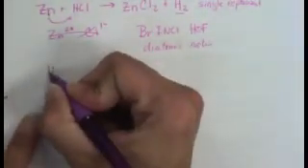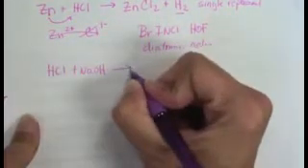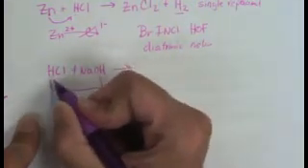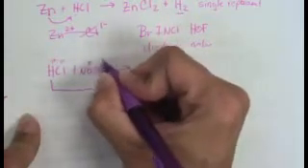Now, the next reaction that we're going to look at, we have HCl plus NaOH. This is going to be a double replacement. Remember, this is a 1+ charge, this is a 1-, this is a 1+, and this is a 1-.